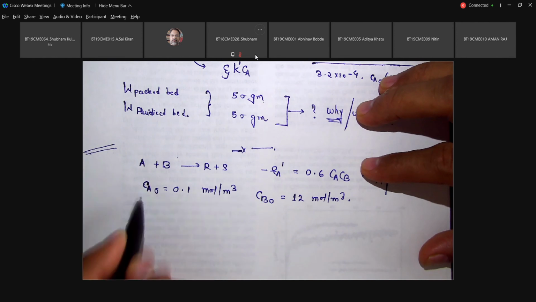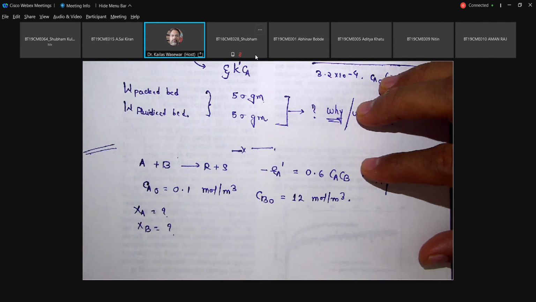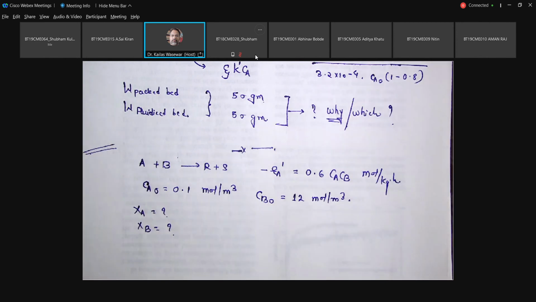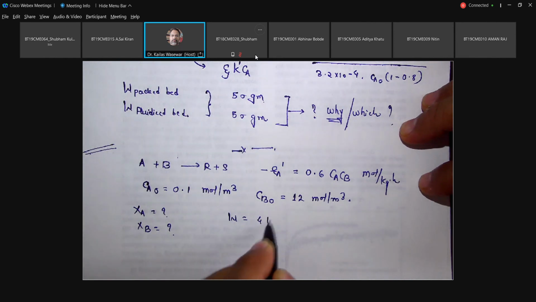Now you have to calculate Xa and Xb. It's a very simple, very easy reaction. Weight of the catalyst is given in kg. Flow rate is 10 meter cube per hour.